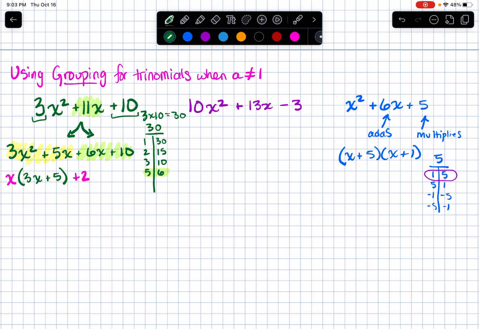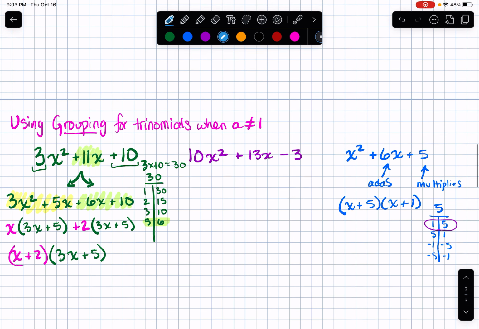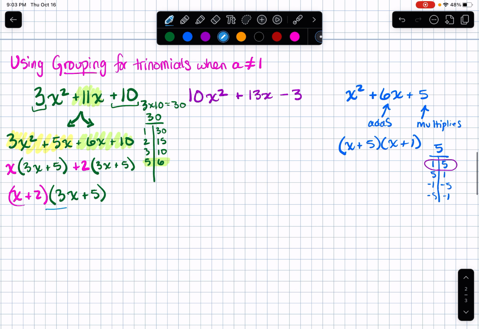That's all they have in common. But notice, when I take out my 2, I get 3x plus 5. So if I do my grouping strategy, now I have factored a trinomial where a is not 1, and I didn't have to do all the guessing and checking that you may have done previously in Algebra 1.